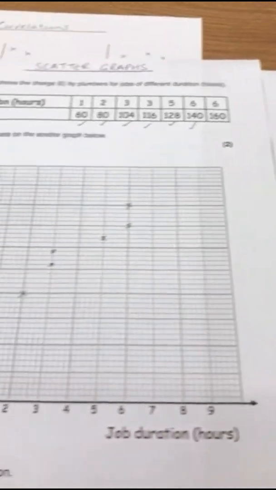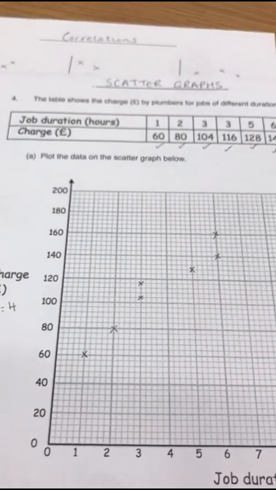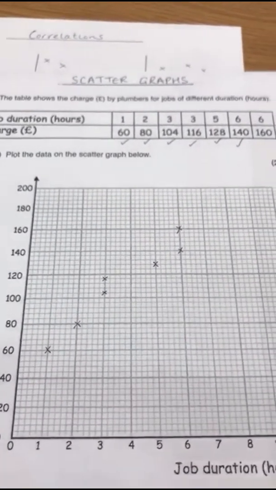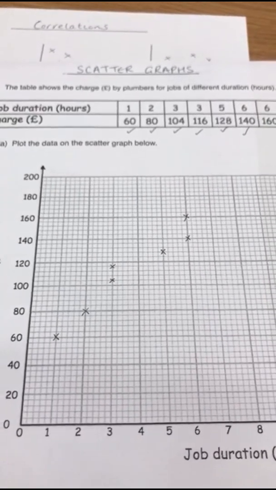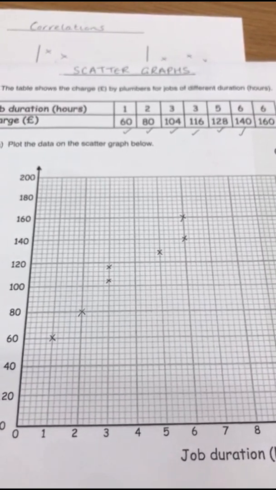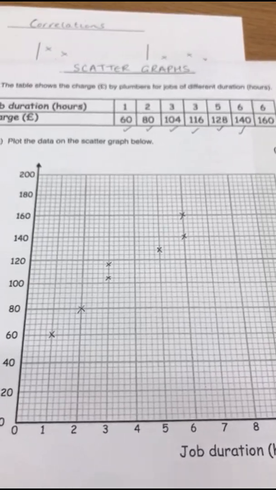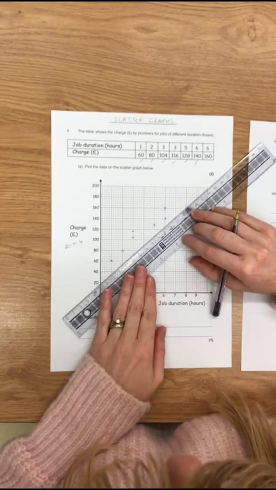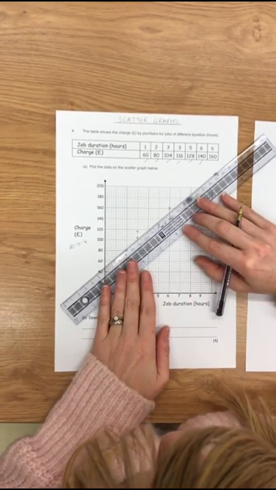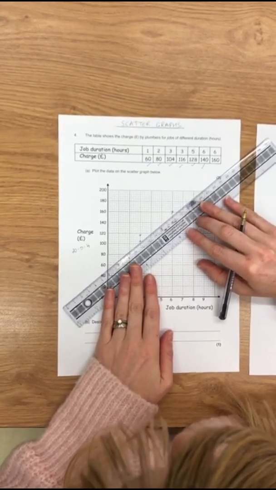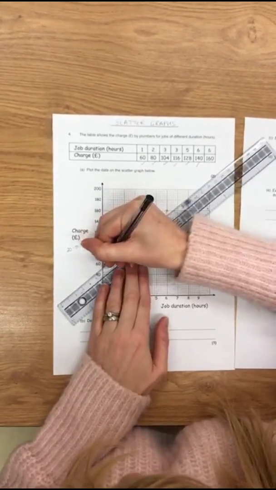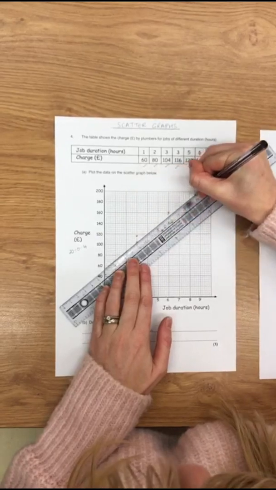So we need to go back to your scatter graph, and using a ruler we have to draw a line of best fit. Now a line of best fit has to go through the centre of those scatter points as best as possible. So I'm trying to go through the middle as best as I can, and then draw a nice long line.